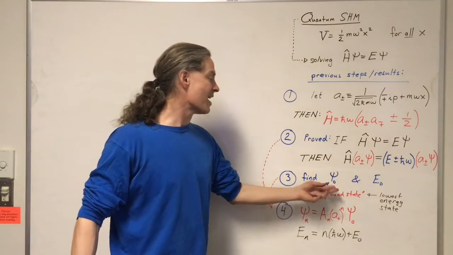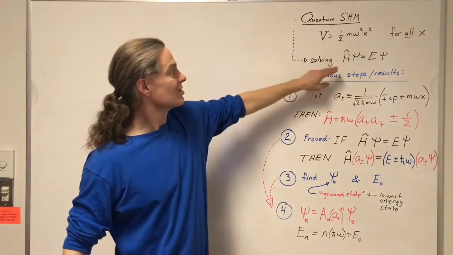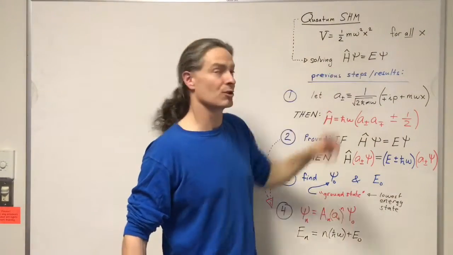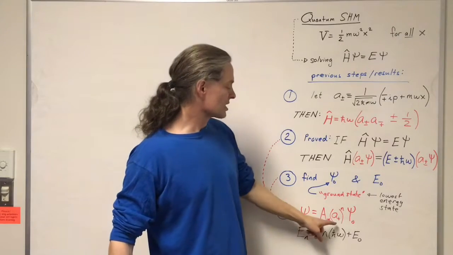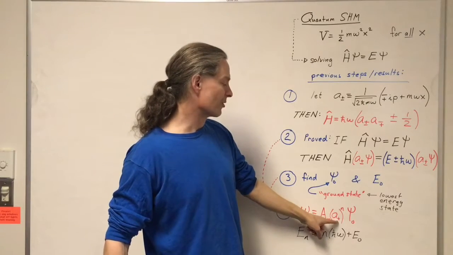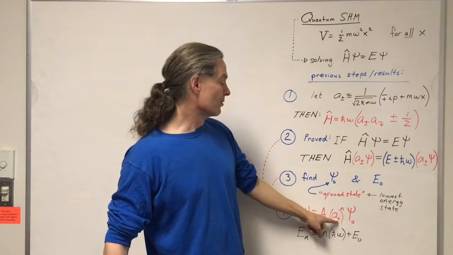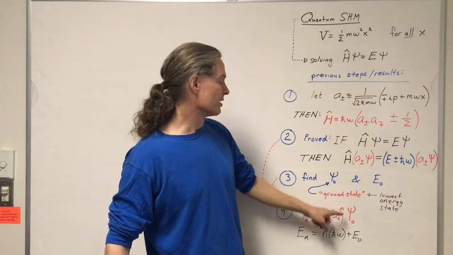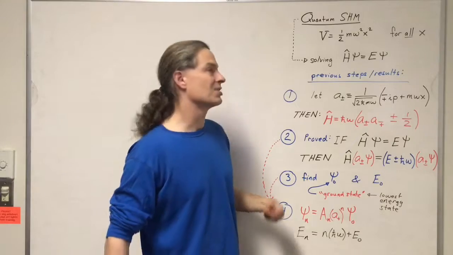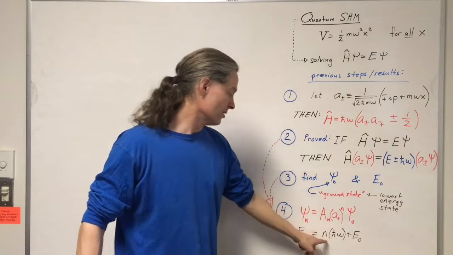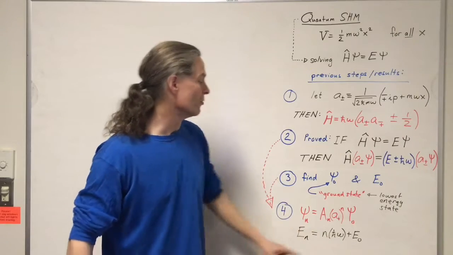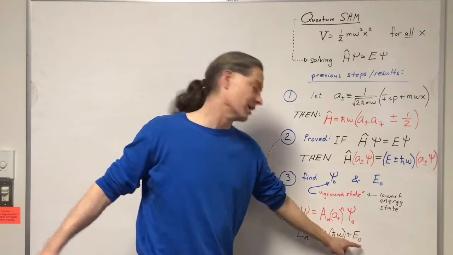If we could find that, the eigenstate of this Hamiltonian with the corresponding lowest energy, then we could construct all others by successively operating with the A plus operator. So we could operate with it once, put n equal 1 here, we get the first state above the ground state. It'll have 1 increment of h bar omega more than the energy of the ground state.